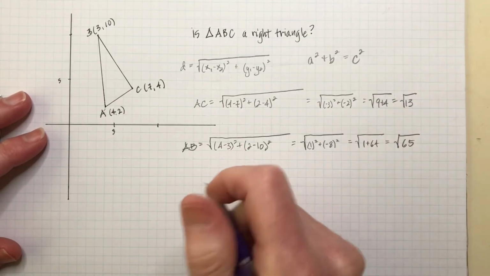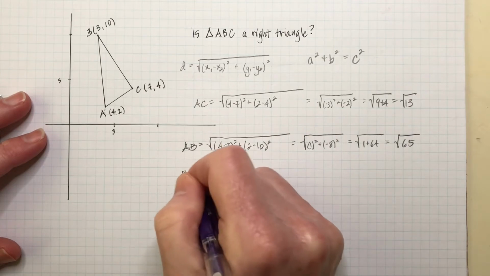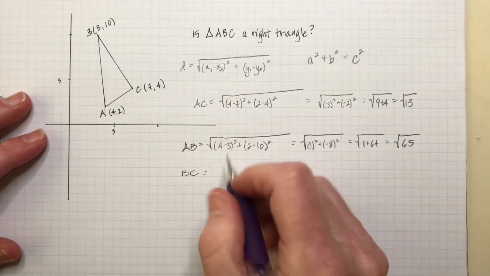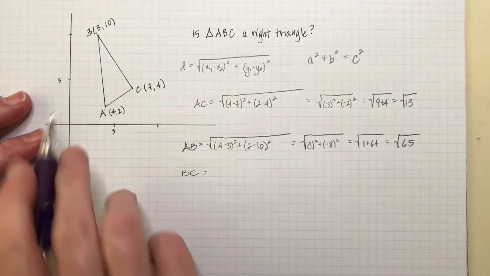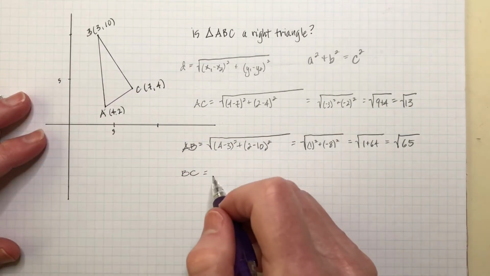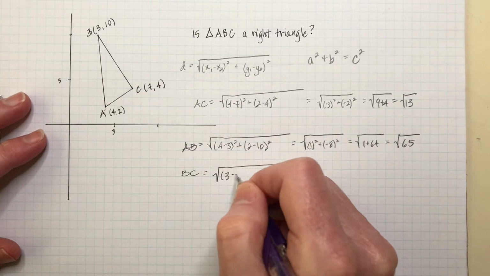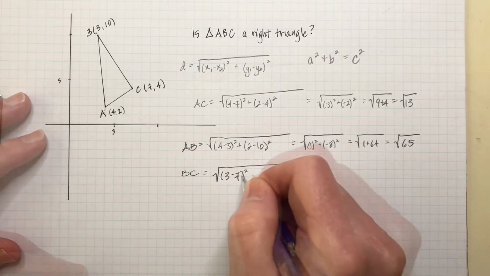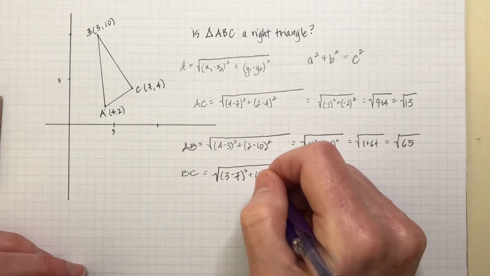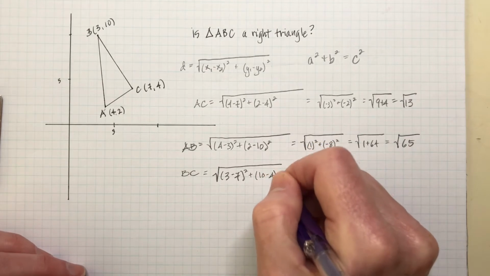And then the third length we need to find is BC. So BC right there. So we've got 3 minus 7 squared plus 10 minus 4 quantity squared.